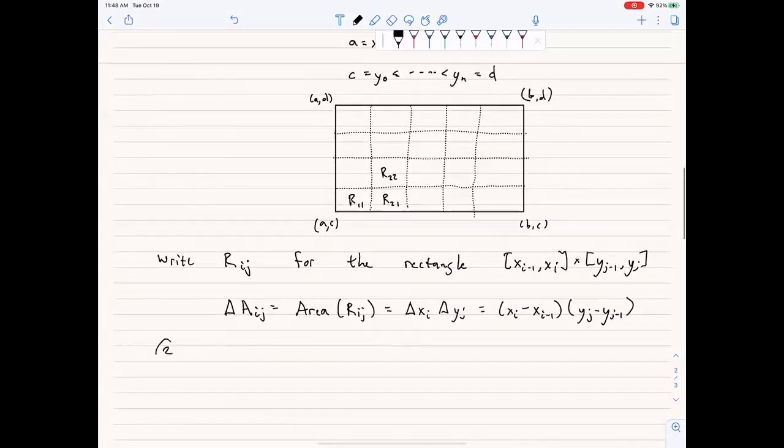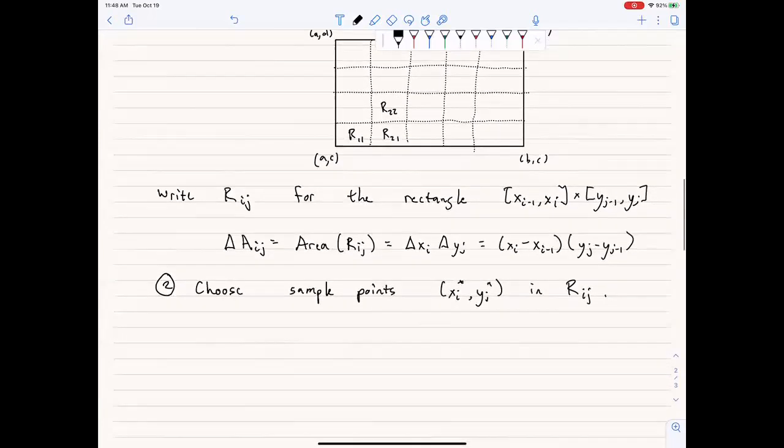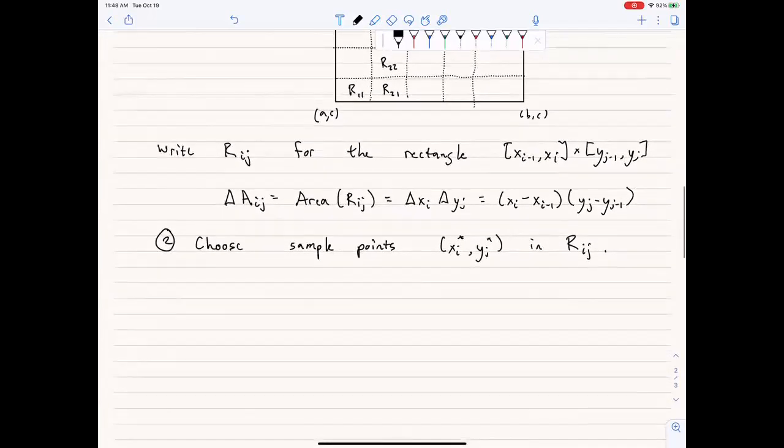So we also need to choose sample points, which then consist of two coordinates, xi star, yj star, each in their respective rectangle. And then what do we have? Well, let me make a drawing here.